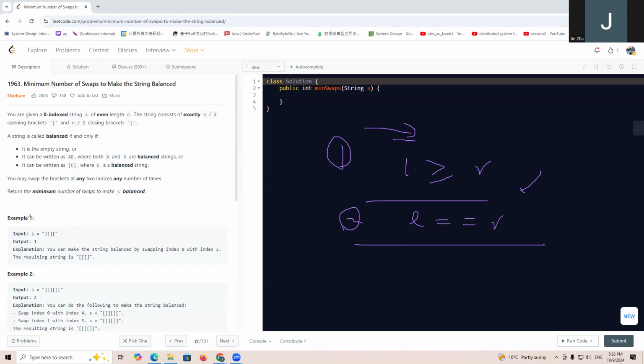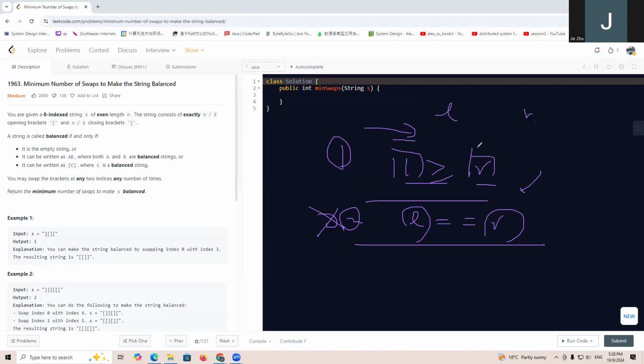And the left count and the right count are originally equal, so we don't need to care about the second condition. What we need to do is, from left to right, make sure left is always greater than or equal to right. So we can have two variables, left count and right count.